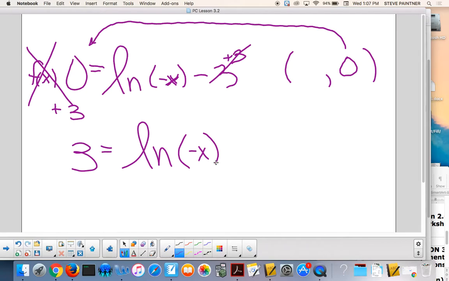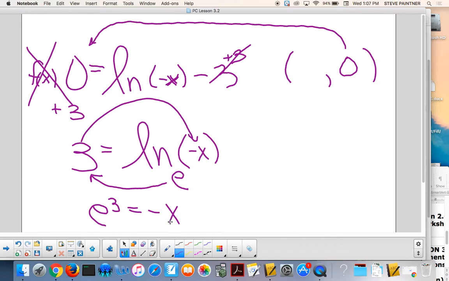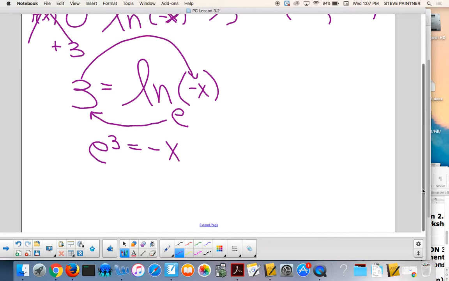Convert: e to the third equals negative x. Divide by negative 1. So x equals negative e to the third is what it is.